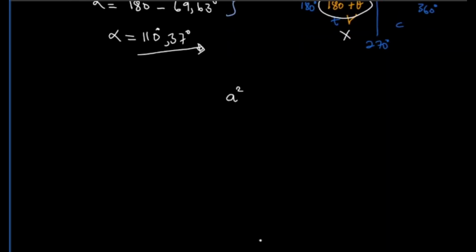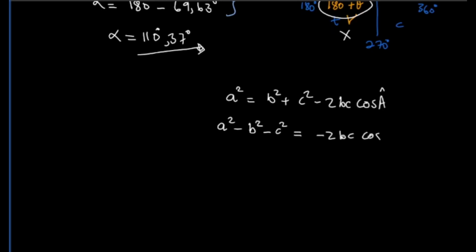Remember, we have a squared is equal to b squared plus c squared minus 2bc, the cos of A. So now if we do this, we're going to say this is a squared minus b squared minus c squared, equal to negative 2bc the cos of A. But now I don't need this to be negative, so I'm just gonna put the 2bc the cos A side to be positive.